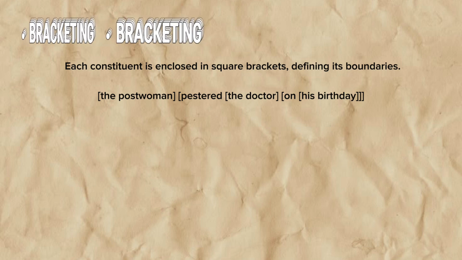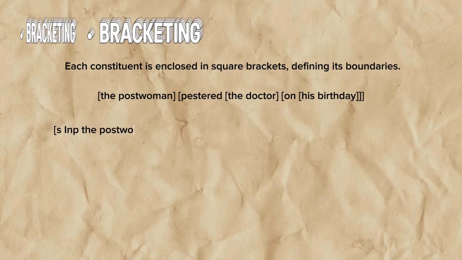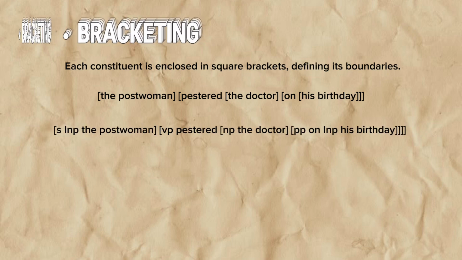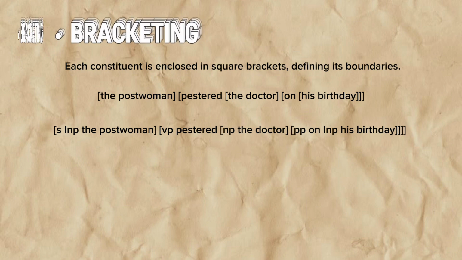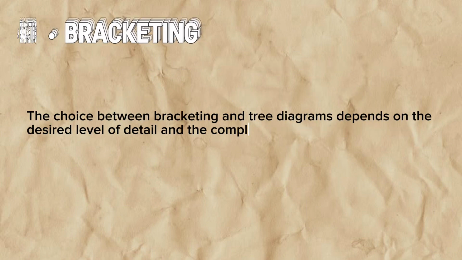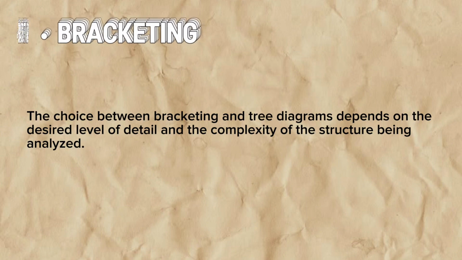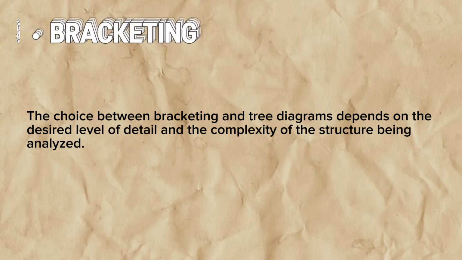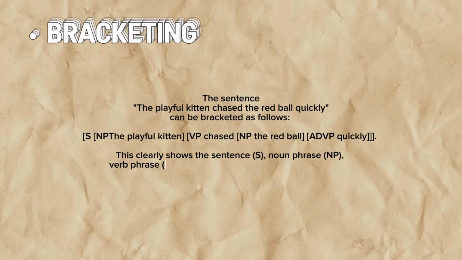Adding labels to brackets improves equivalence with tree diagrams but increases complexity. The choice between bracketing and tree diagrams depends on the desired level of detail and the complexity of the structure being analyzed. For example, the sentence, "The playful kitten chased the red ball quickly," can be bracketed as follows.